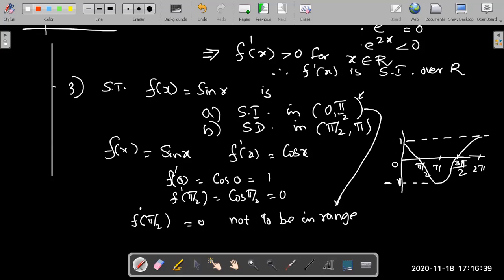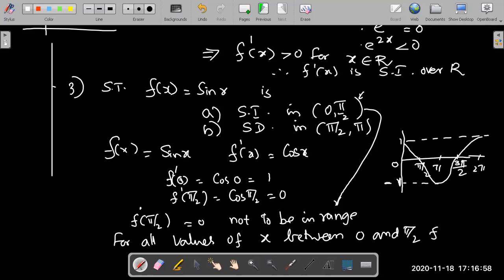So if you do not consider pi by 2, then for all values of x between 0 and pi by 2, which are not included, f dash x is definitely greater than 0.